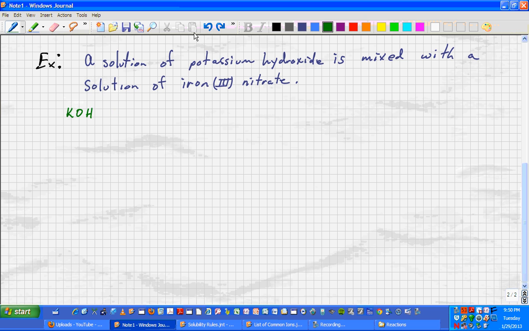And since that's in solution, we should write down that it's aqueous. And that is mixed with iron 3 nitrate. Again, that's also aqueous.